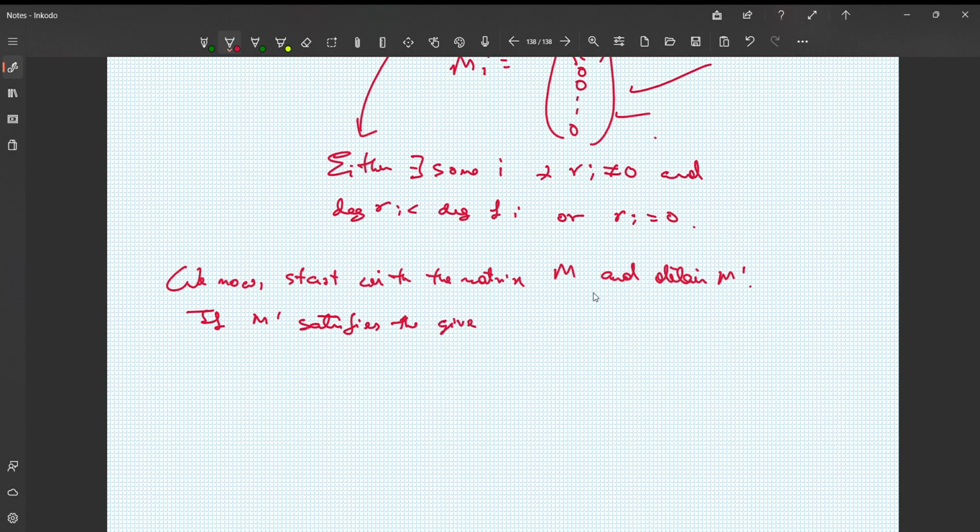If M dash satisfies the structure of n from the given lemma, then we are done.